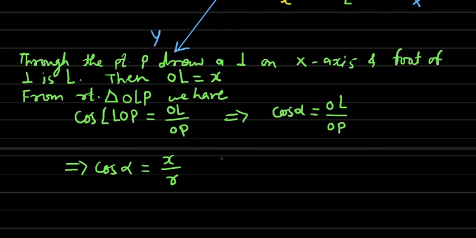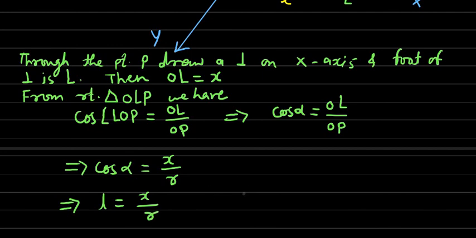But cos alpha means the first direction cosine of the given line, line OP, and that we denote by L. So L is equal to x by r.